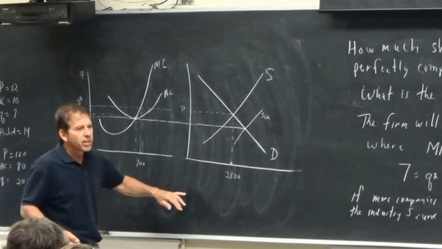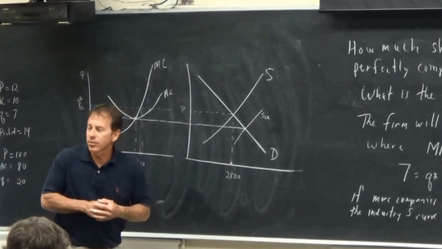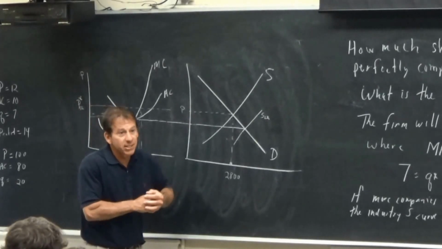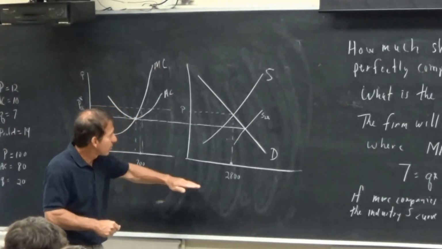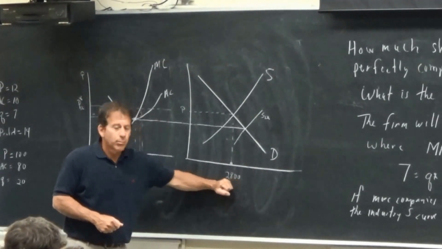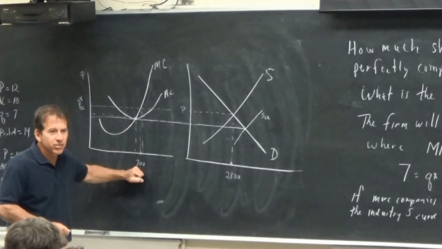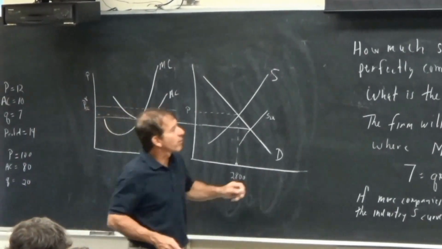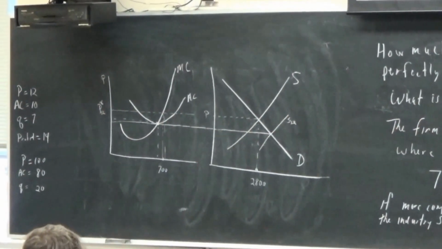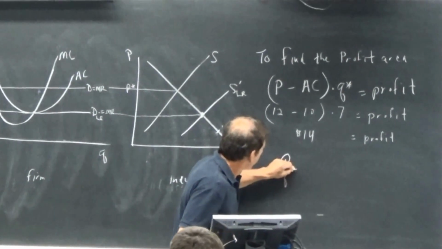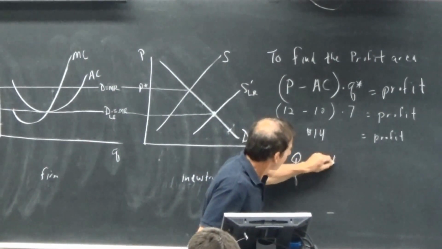So in economics, it's a pretty simple assumption. We just assume that all the companies in the industry are the same size. So there's 2,800 being produced in the industry, but one company is doing 700. The way you figure out the number of companies in the industry is you take the big Q and divide it by the little q, and that gives you the number of firms.